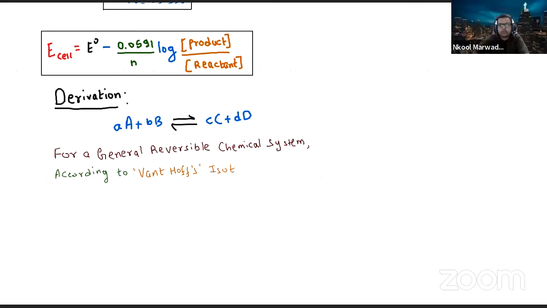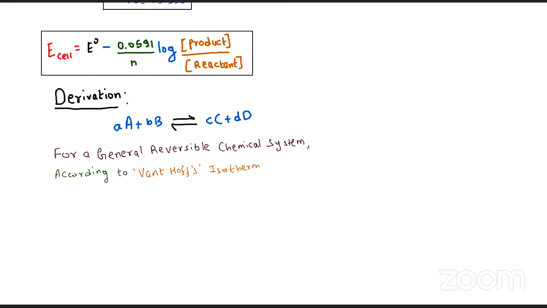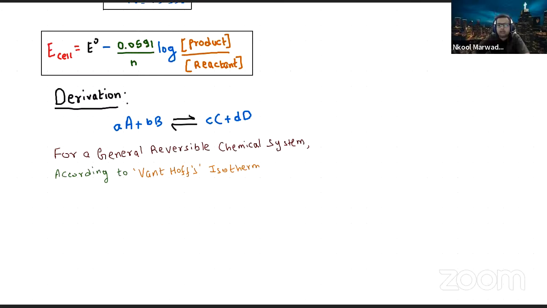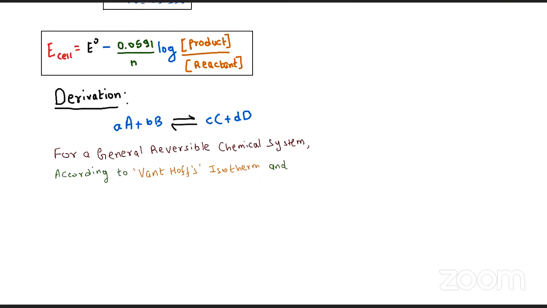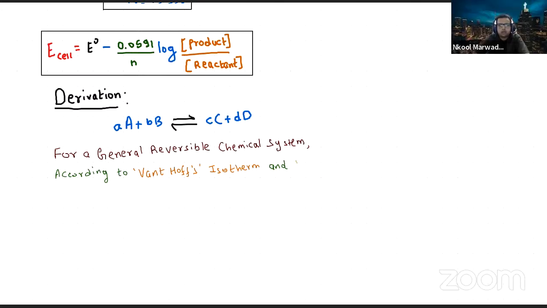See, what is an isotherm? Isothermal means constant temperature. If we keep the temperature of the system constant, we call it an isotherm. And it gives free energy.